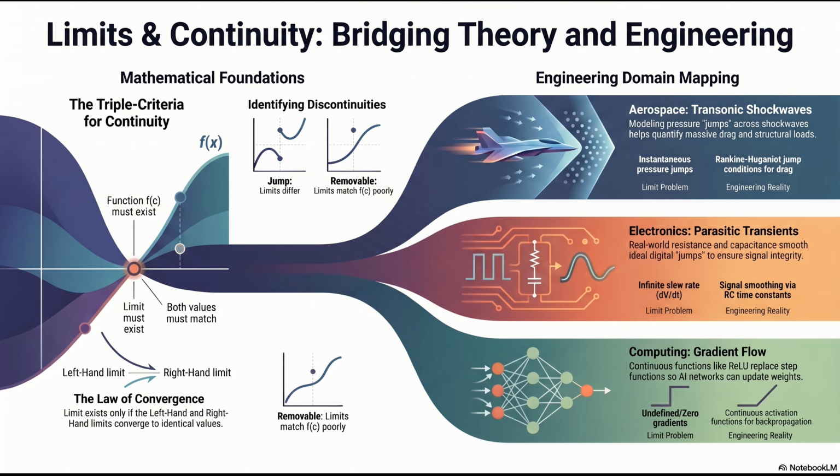They mathematically isolate the discontinuity to ensure the plane has the structural integrity to survive crossing it. That is wild. So to our listener, the next time you hear the sharp crack of a sonic boom overhead, realize you are literally hearing a one-sided mathematical limit in action, keeping the plane from ripping apart. Wow. So in aerospace, the physical reality forces a massive jump, and we use math to model it as a broken bridge just to survive it.